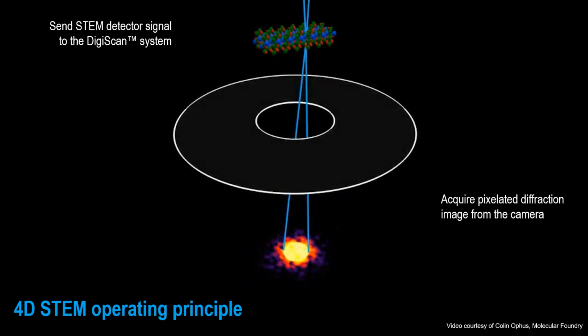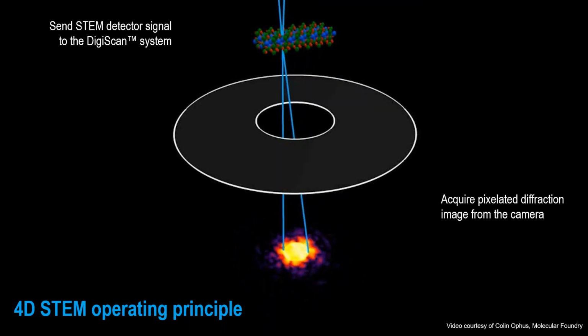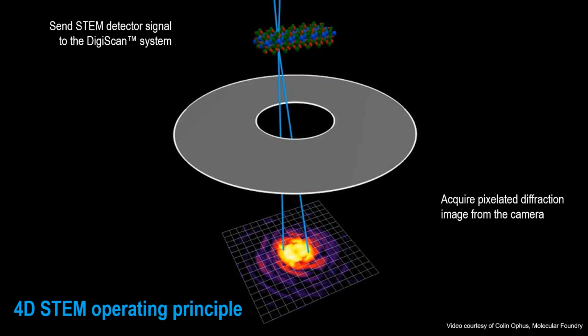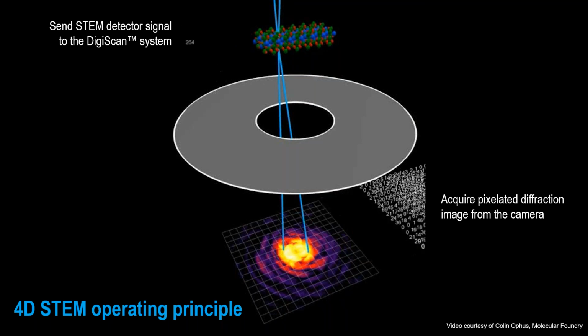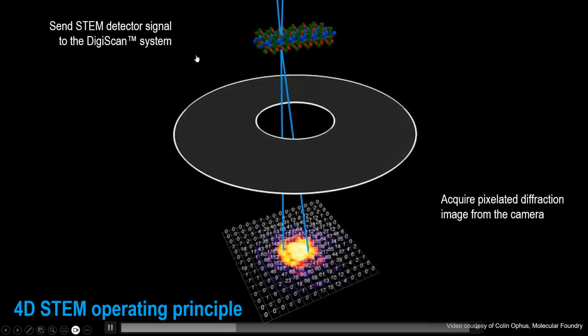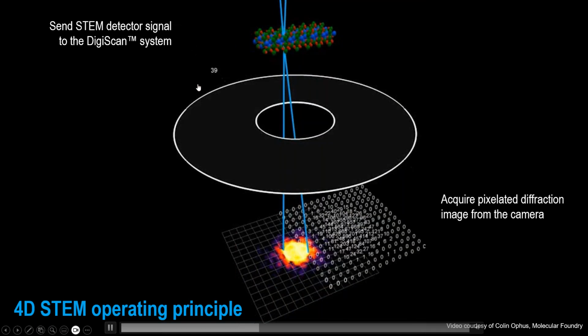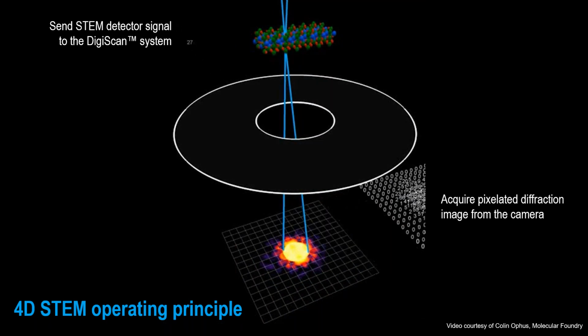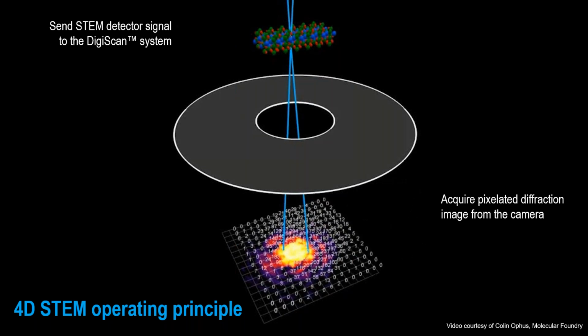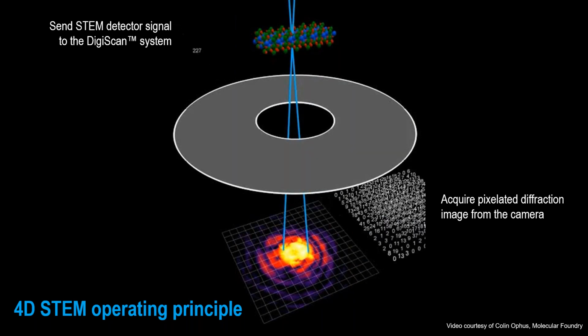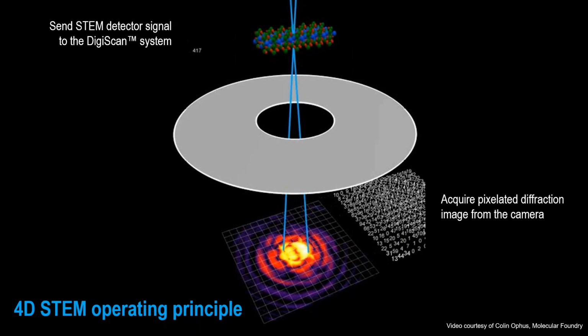Hopefully most of you are familiar with this already, but as we scan a sample in traditional STEM imaging, you would just get one intensity value from the annular detector, your high angle annular detector, for example. With this single intensity, as you scan across the sample, you build up an image.